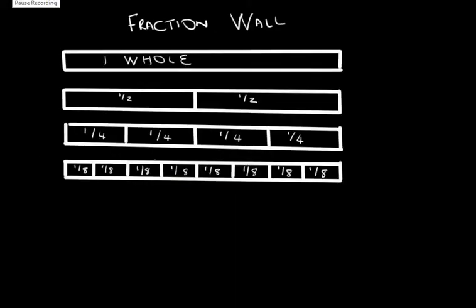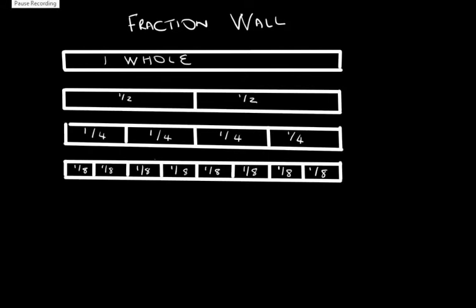I would like to speak to you about equivalent fractions using this fraction wall as an example. We are going to use 1 whole, halves, quarters, and eighths. Yes, I know we are going way back to grade 5 and 6 basics, but I'd like for you to understand how fractions work. When a whole is divided into 2, you'll get 2 half portions.